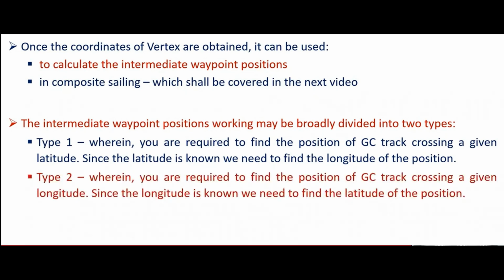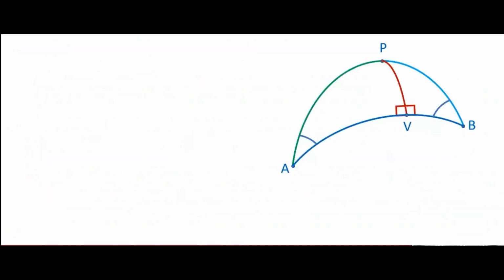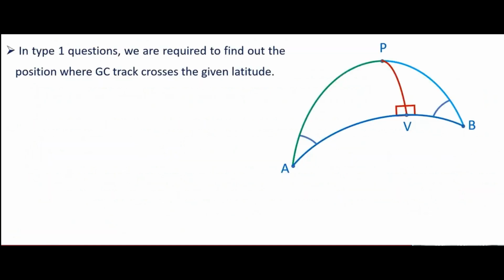The other way is we decide on the longitude, so wherever the meridian of that longitude cuts the GC track, we calculate the latitude of that point. This can be conveniently done by factoring in the vertex because it results in a right-angled spherical triangle and Napier's rule can be applied. Now, in the first scenario, we have decided on the latitude of the intermediate waypoint.